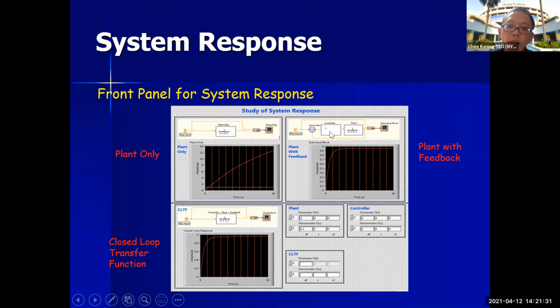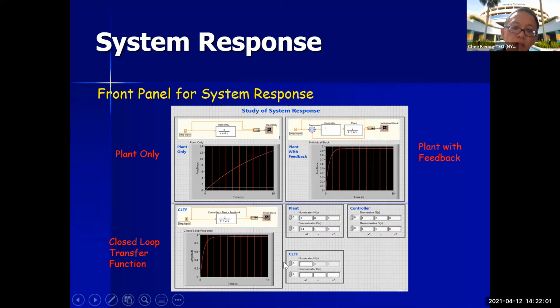Rule 7 and Rule 8 say that if you have a forward transfer function and a reverse transfer function, for this case the feedback transfer function is 1, then you would use G over 1 plus GH if it's a negative feedback, or G over 1 minus GH if it is a positive feedback. For this case, it is a negative feedback. So this transfer function is obtained by using this G here on top, and the H will be 1. So it's G over 1 plus GH, and then you simplify it, you will get this transfer function.